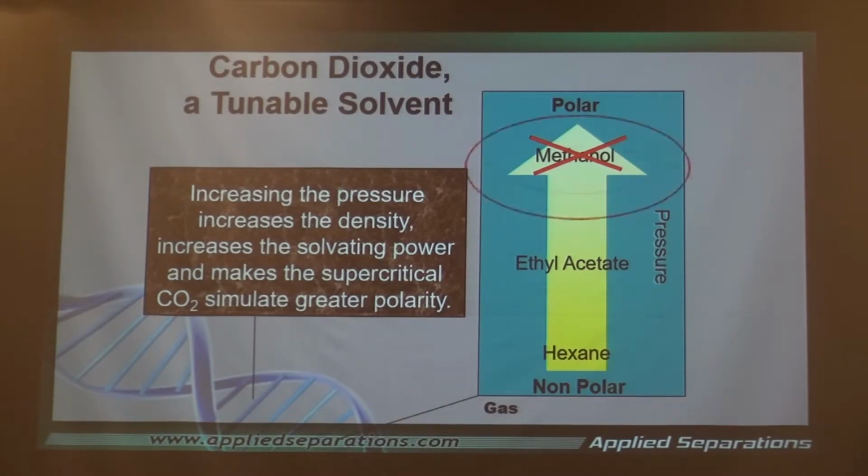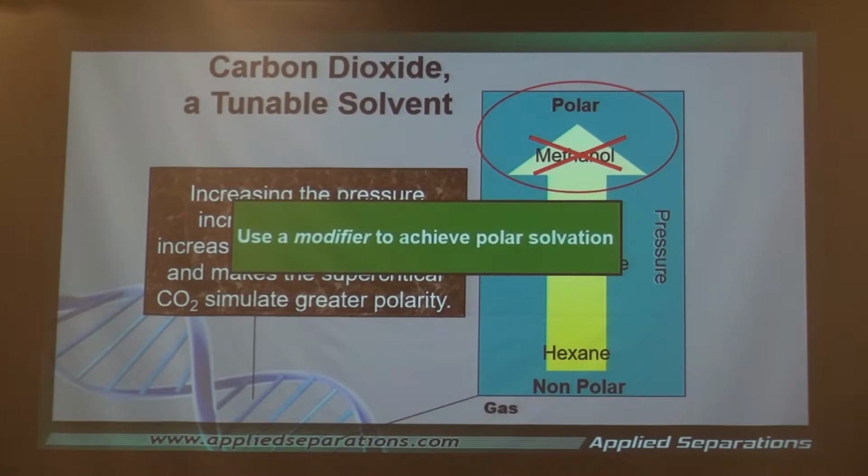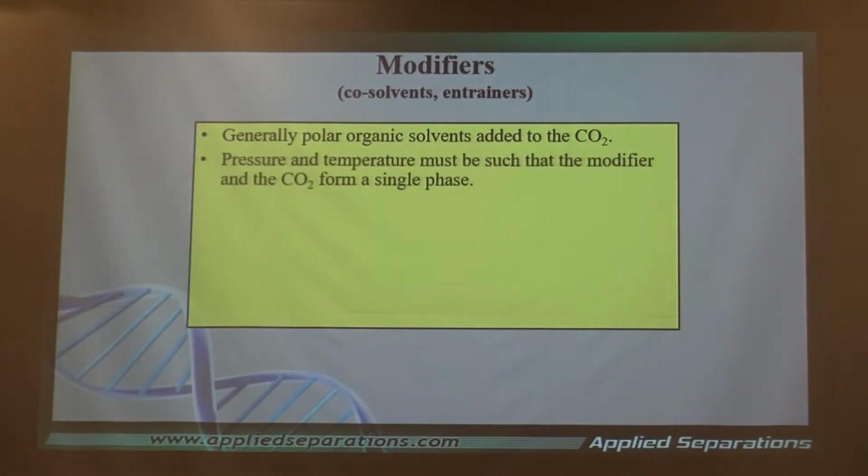And that's exactly what we wind up doing. We typically use a polar compound to achieve an extraction of polar compounds. We use a polar modifier to extract polar solutes. We add them to the CO2, and what we try to do here is form a single phase.